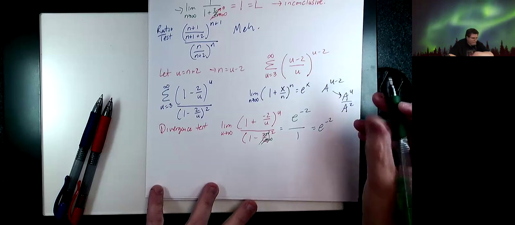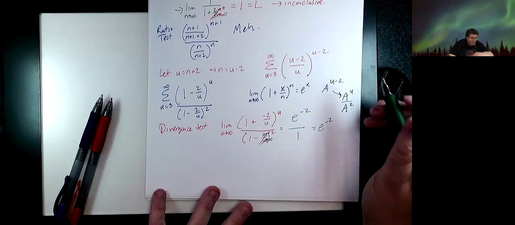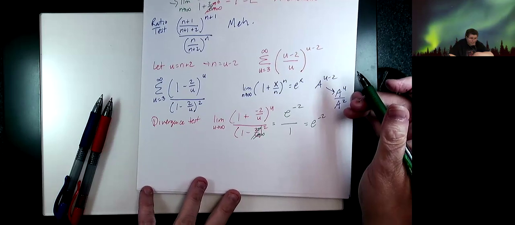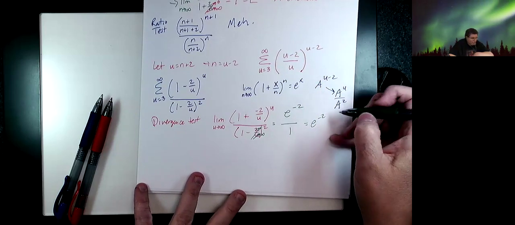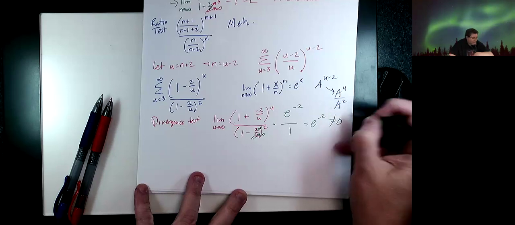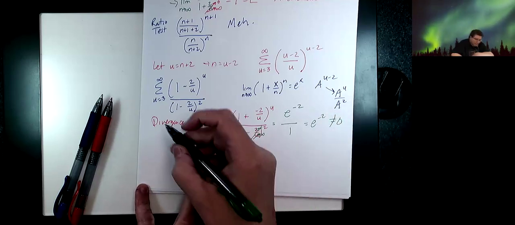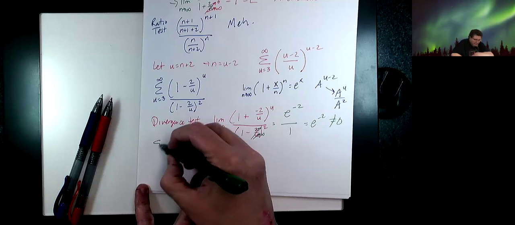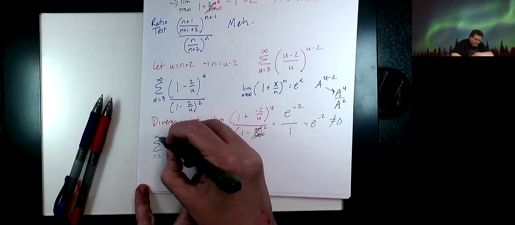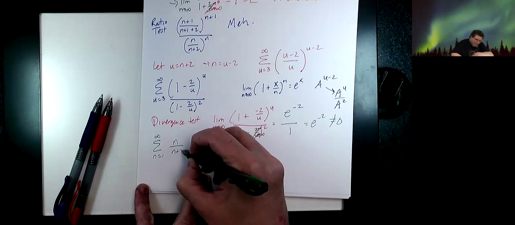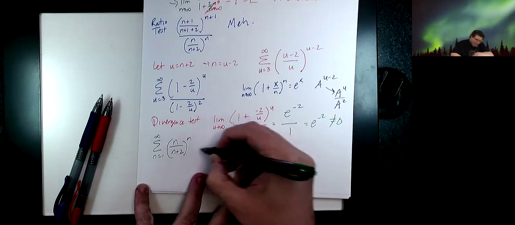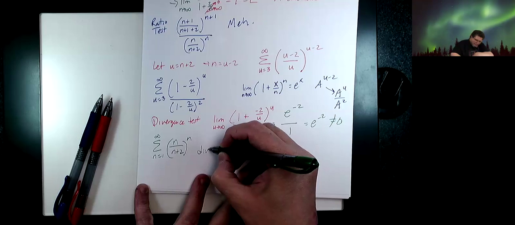And what does that mean by the divergence test? It's not 0, which is good. Divergence test doesn't work for 0. So since it's not 0, our summation of n equals 1 to infinity of n over n plus 2 to the nth power diverges by the divergence test.